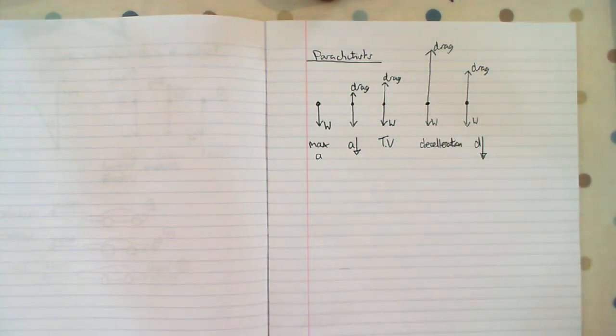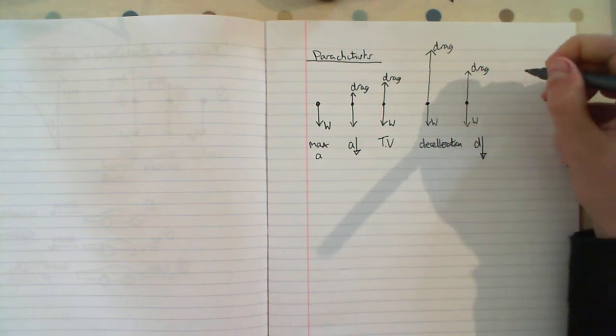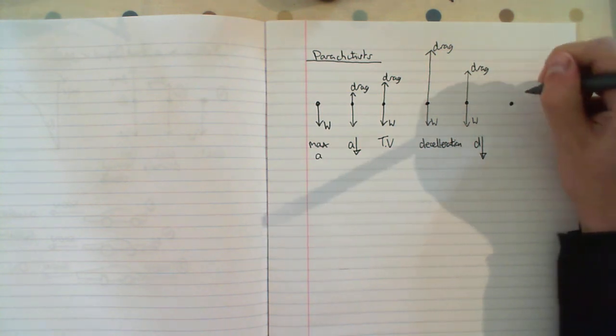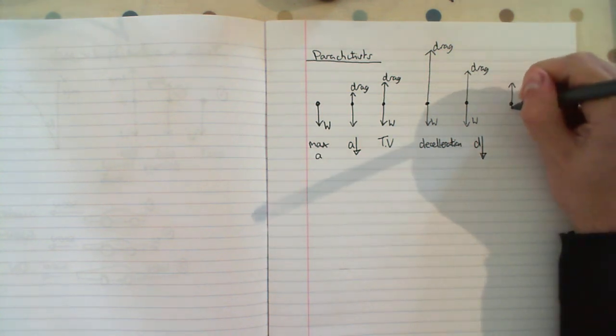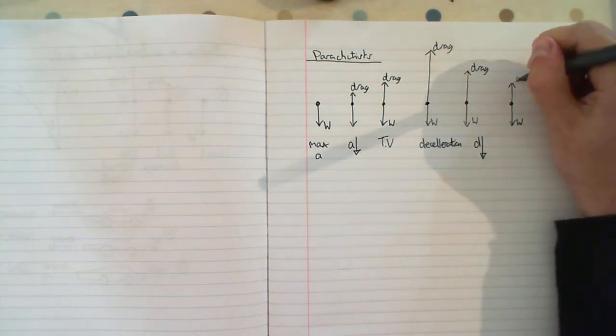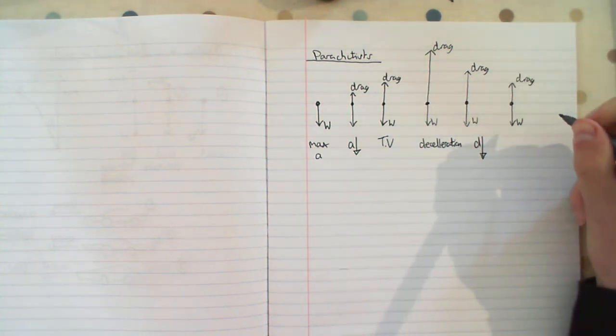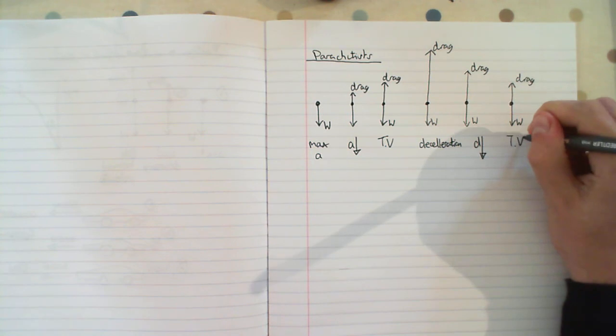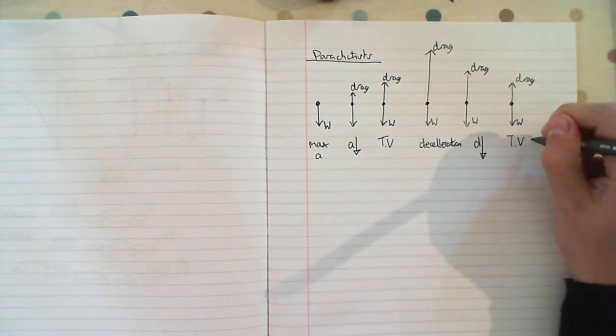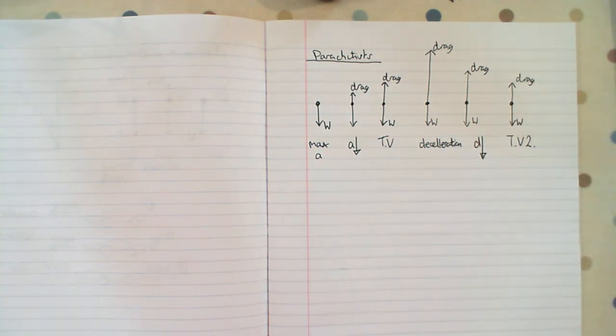So they're getting slower, but by less and less. And then eventually, the drag will balance out with the weight. So we get a second terminal velocity. Let's call it terminal velocity 2.